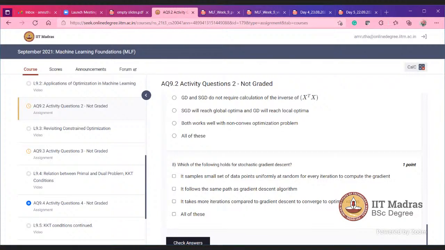Because of the third point, particularly whether it will take more iterations or not, I wasn't sure. You could take more iterations, right? The third option is also the correct one: stochastic gradient descent will take more iterations compared to gradient descent.